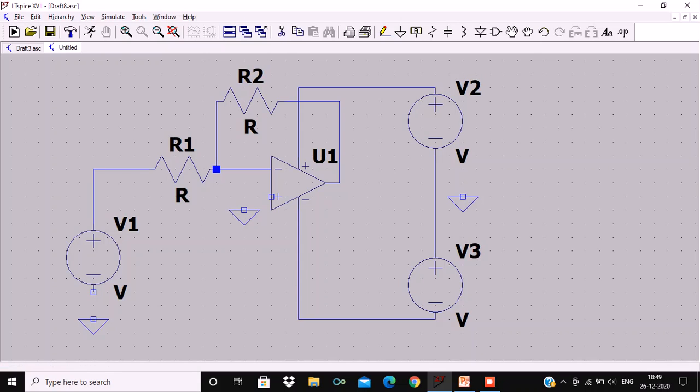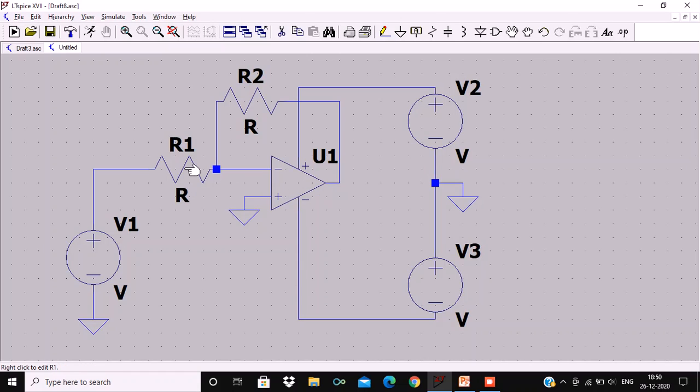So I have taken this ground. Now I am making connection of ground to the non-inverting terminal, and the input voltage is connected to the ground. The power supplies of op-amp are also grounded. So this is the required connection.